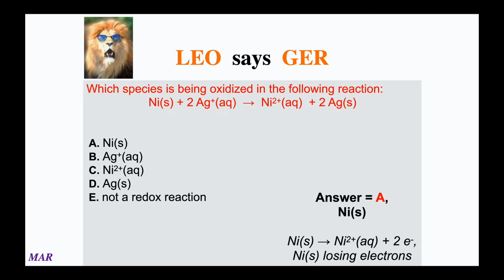So silver is becoming less positive. That means that something has been reduced. Any way you want to do this is fine, but you should first definitely make sure you know how to recognize if something is oxidized or reduced. You can always go back and look at the oxidation numbers from Chem 221, but I'm also going to show you some hints in here about how you can kind of get away without doing that.